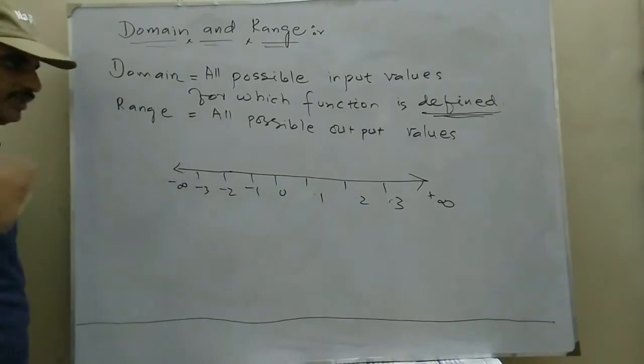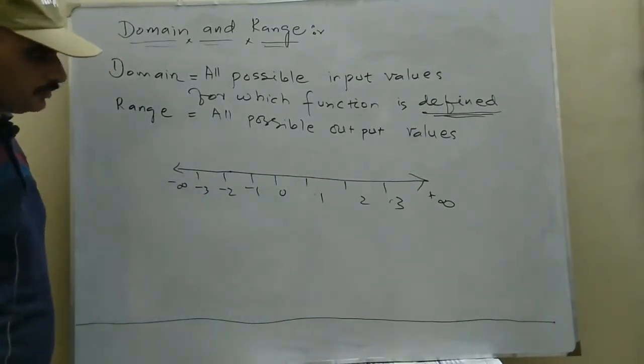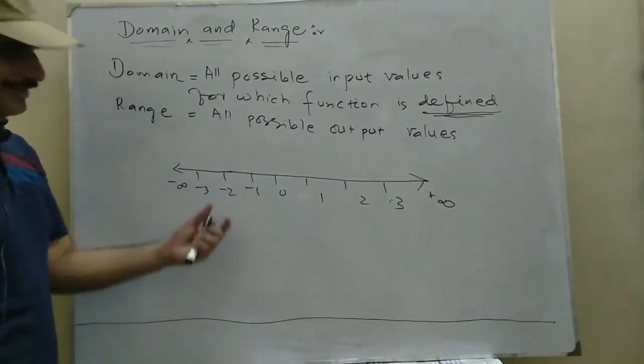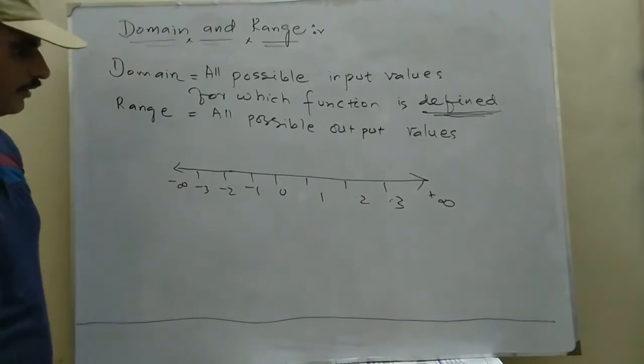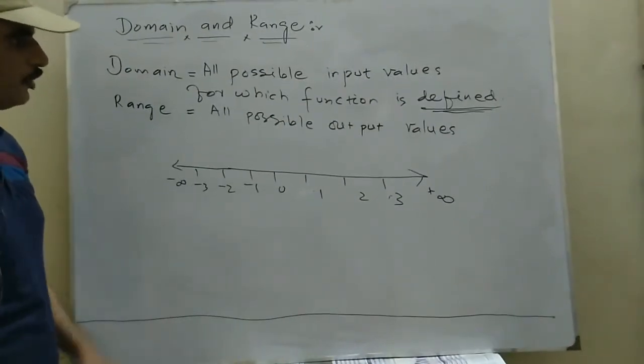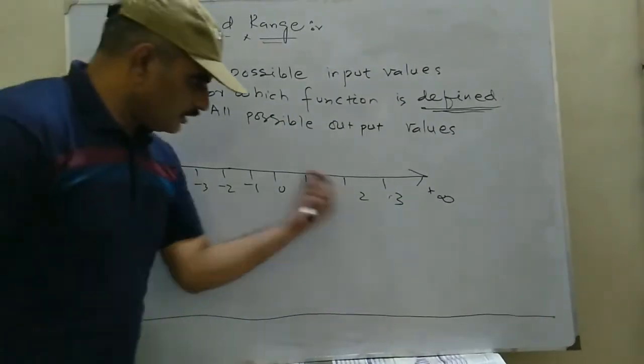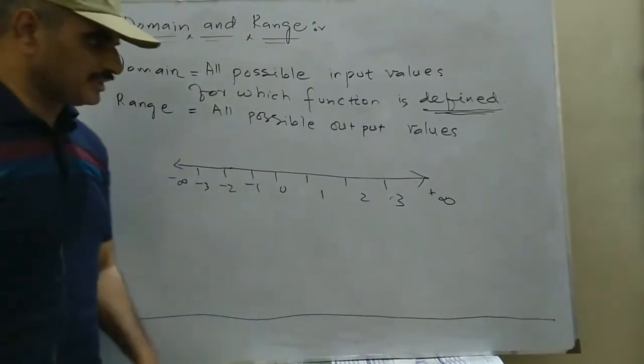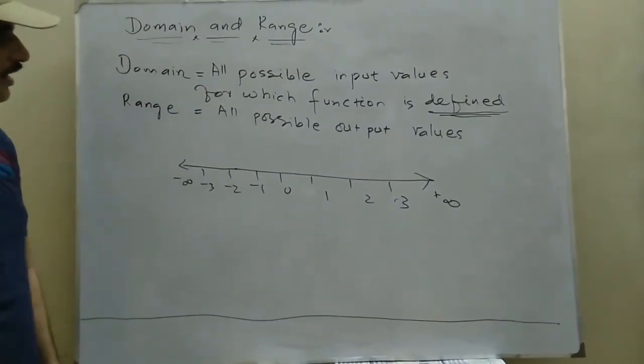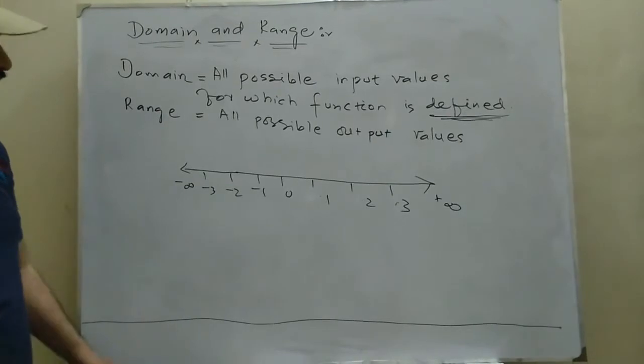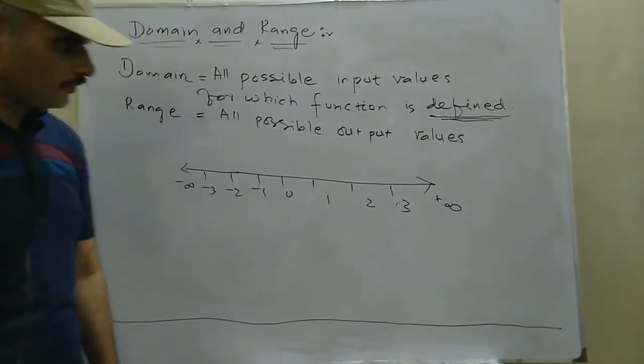By real value, we mean we choose a number from a number line. So this is your real number line, and we choose the domain from this number line, any value from this number line. That's why we say that we discuss only real valued functions.